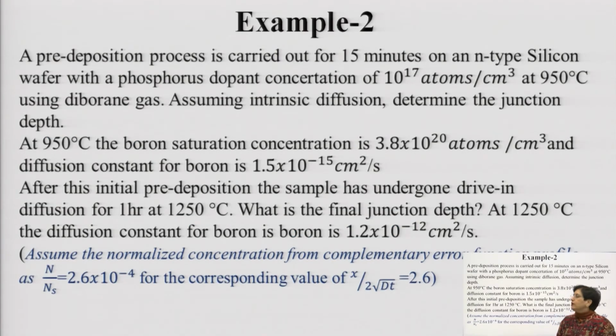Now, here is another example where two step diffusion is being carried out. Initially it says a pre-deposition process is carried out for 15 minutes on n-type silicon wafer with a phosphorus dopant of 10 raised to the power minus 17 atoms per centimeter cube at 950 degree centigrade using diborane gas.